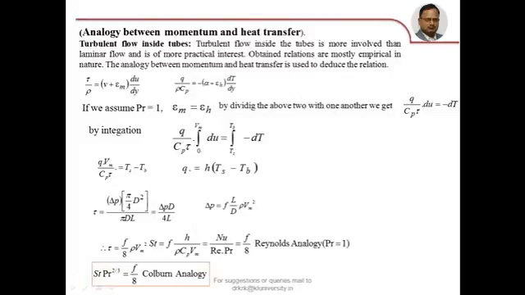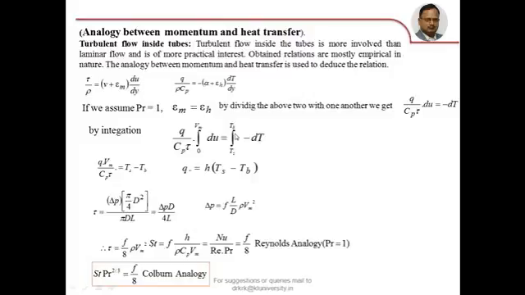So q by rho Cp, by adding this eddy diffusivity, can be written as minus alpha plus epsilon h times dT/dy. If we assume the Prandtl number is 1, the eddy diffusivity of momentum and of heat become the same, and by dividing these two equations one by the other, you will get q du by Cp tau equal to minus dT.